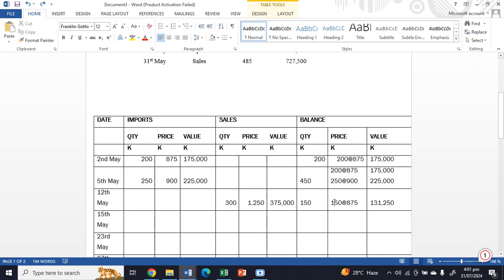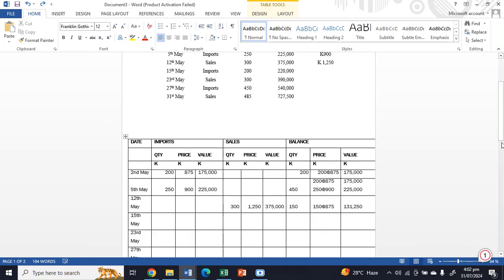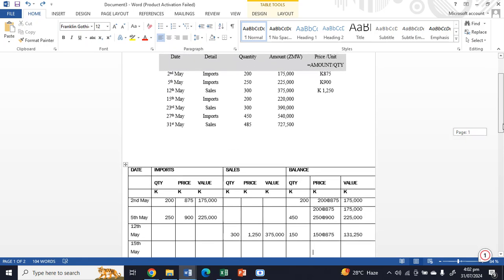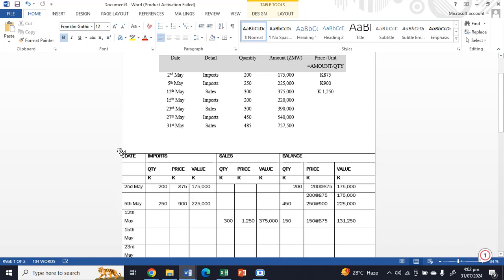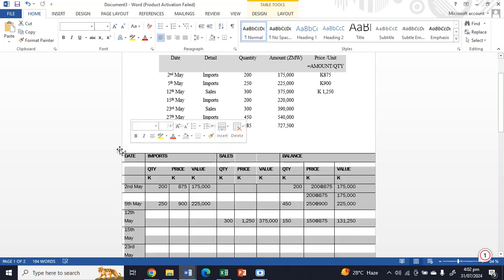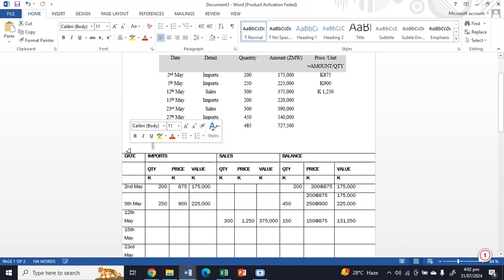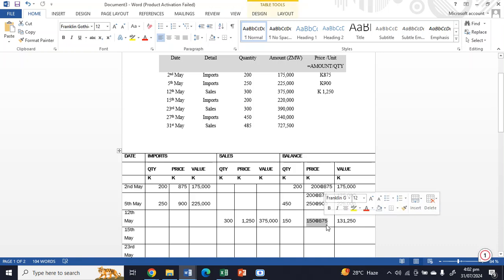And that's how we remain with 150 goods at 875. Yes. I multiplied 150 times 875. All right.